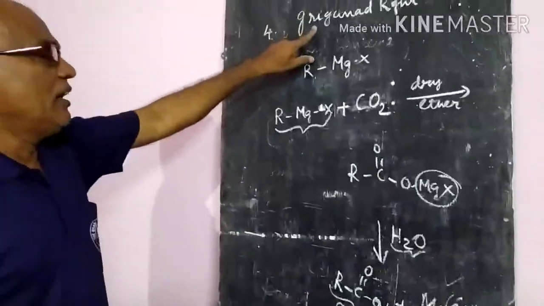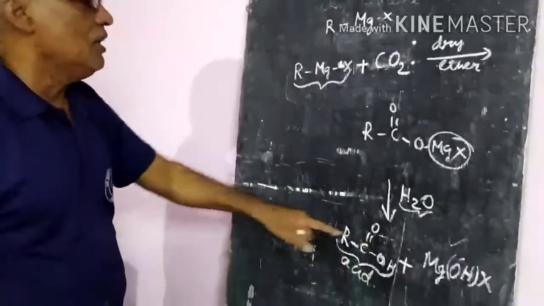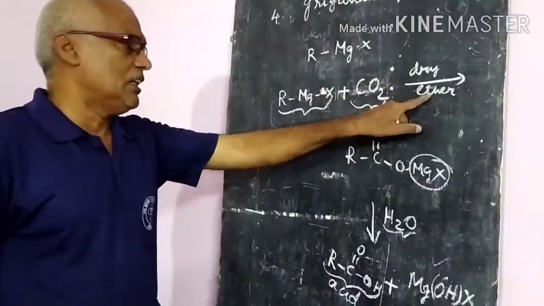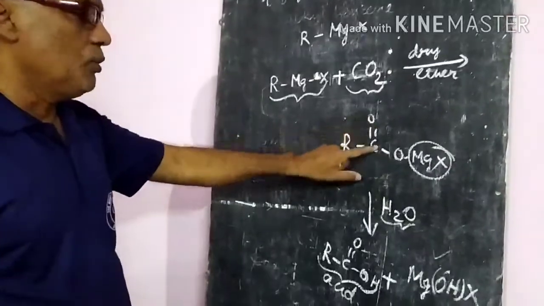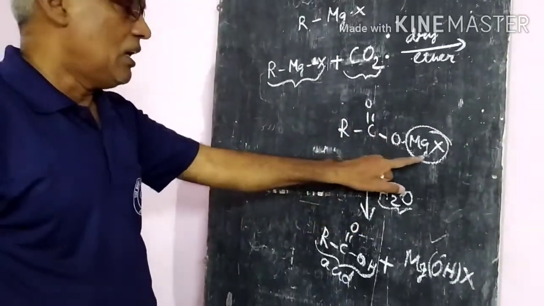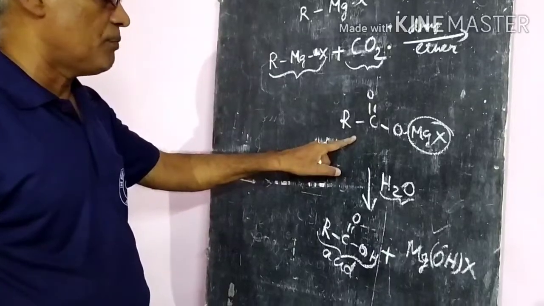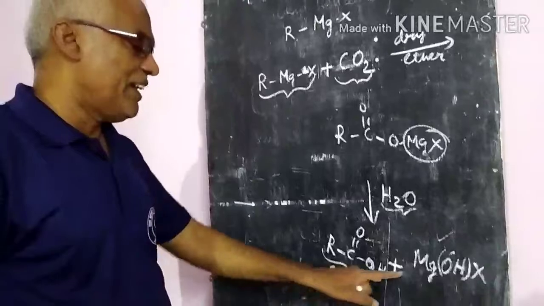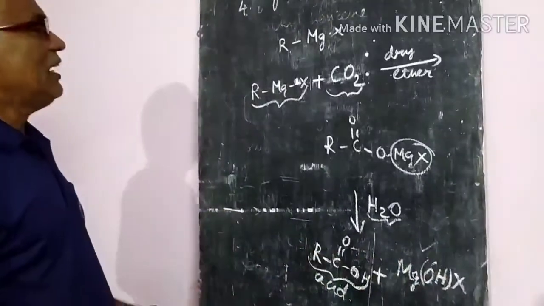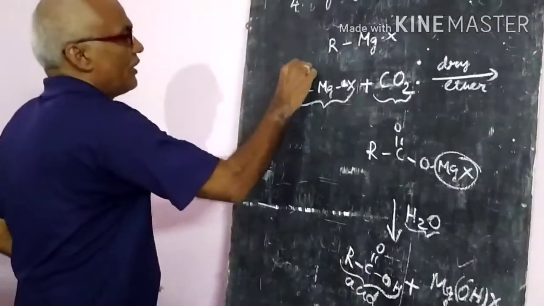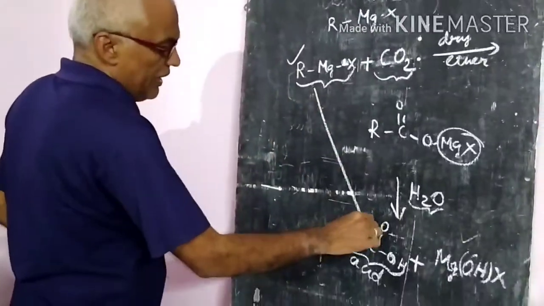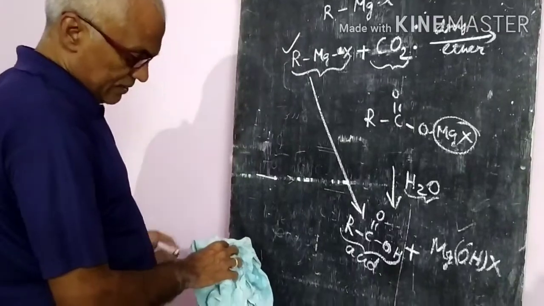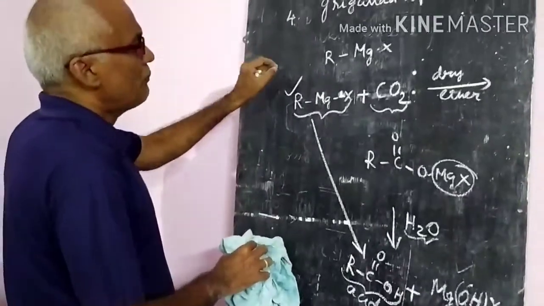So for the preparation of an acid from a Grignard reagent, we treat with carbon dioxide gas in the presence of dry ether. The carbonyl group is added and you get the intermediate compound. Further hydrolysis gives the corresponding acid and magnesium hydroxy halide. Like this, from the Grignard reagent we can make alkanoic acids. So this is also one more preparation.